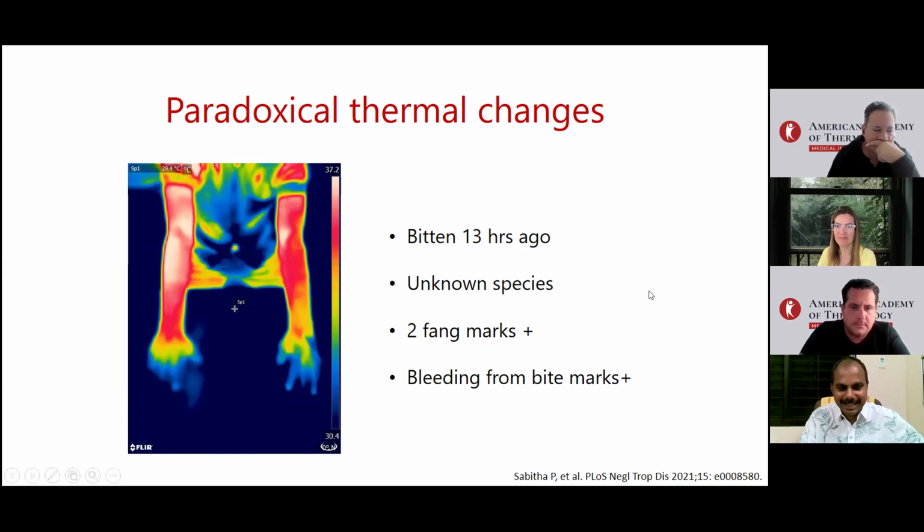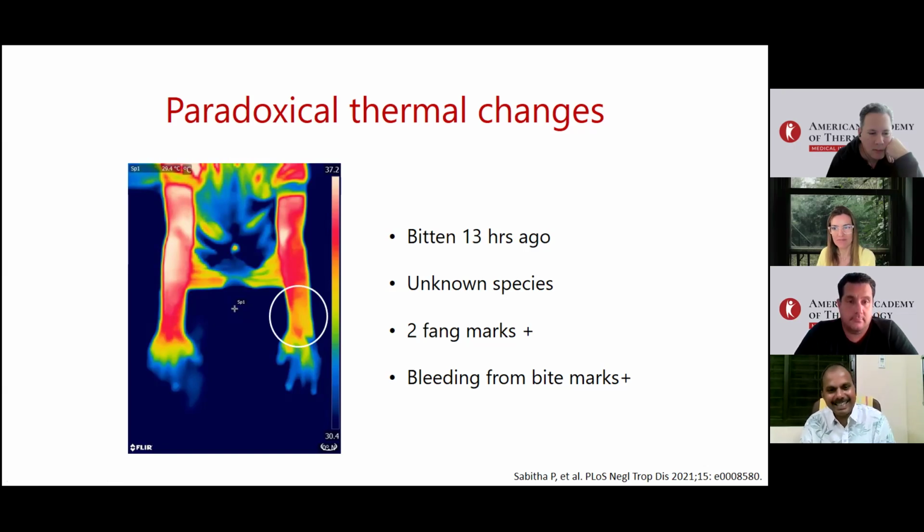Any answers? Right side looks warmer, isn't it? It does. But actually, the patient was bitten on his left forearm, which is encircled.